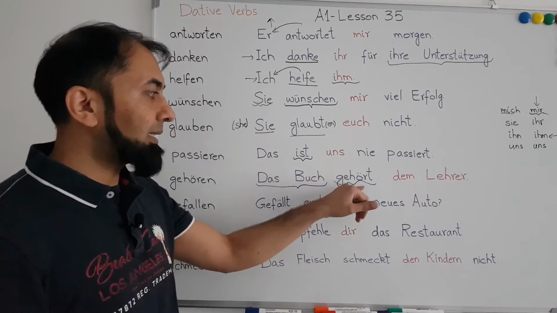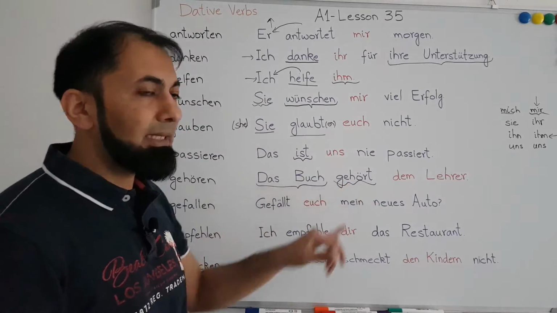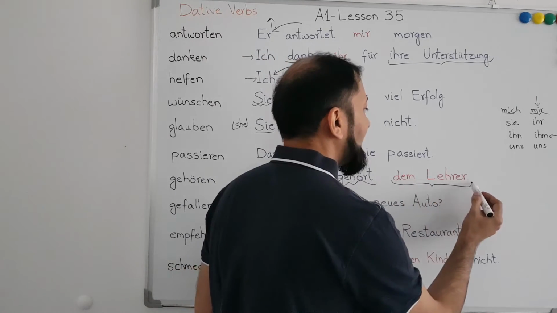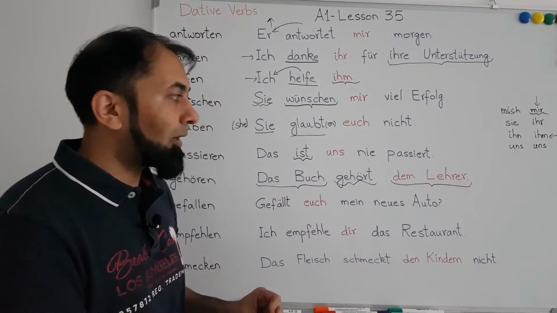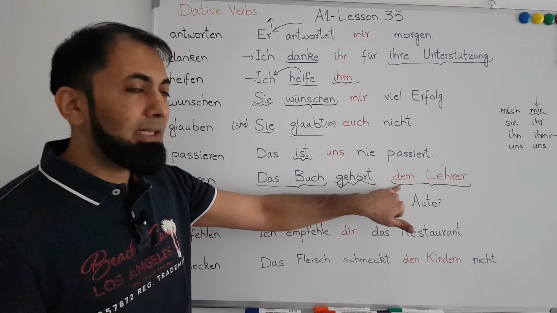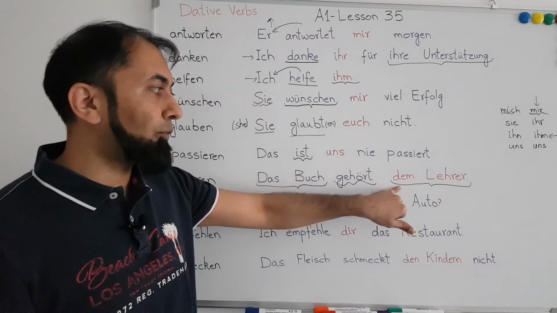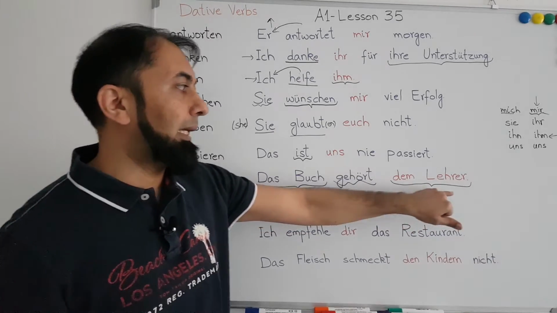Since we are using this gehören verb in this sentence, therefore the object of this sentence, which is Lehrer, will be dative, and the definite article for this masculine noun in dative case is dem. Therefore we have used dem Lehrer.